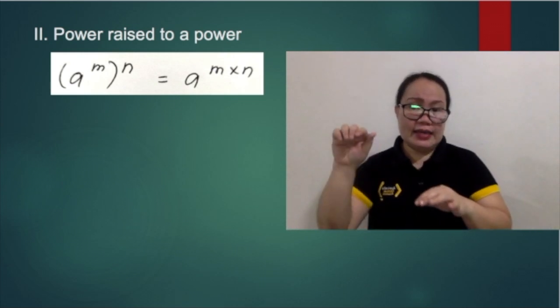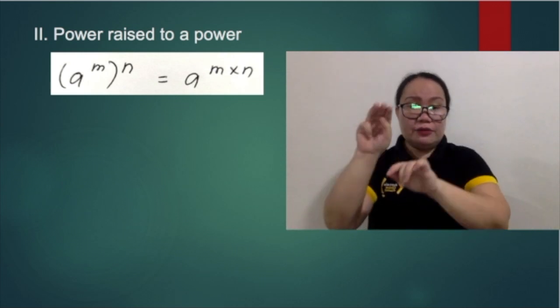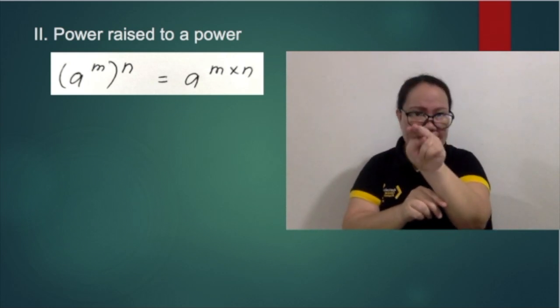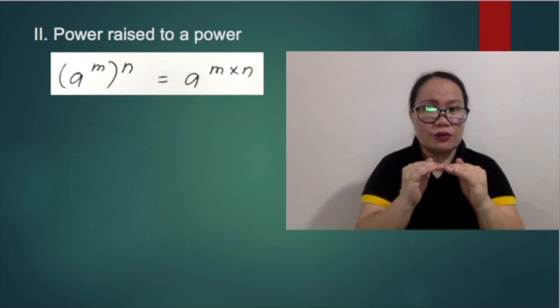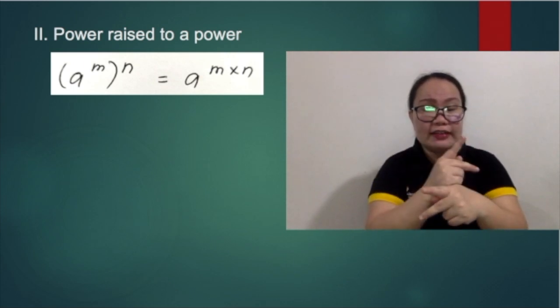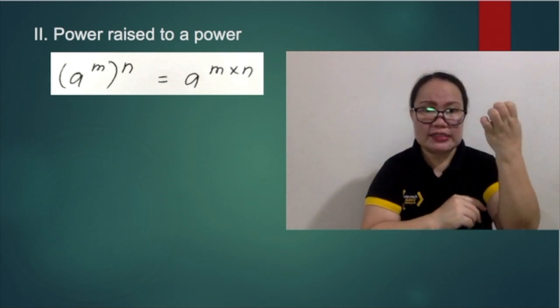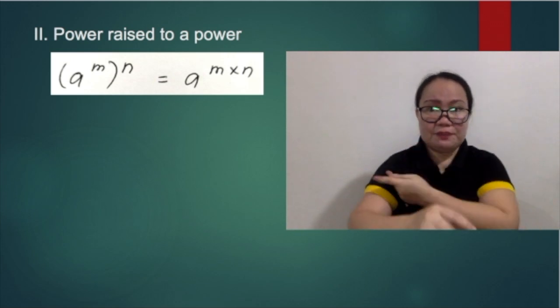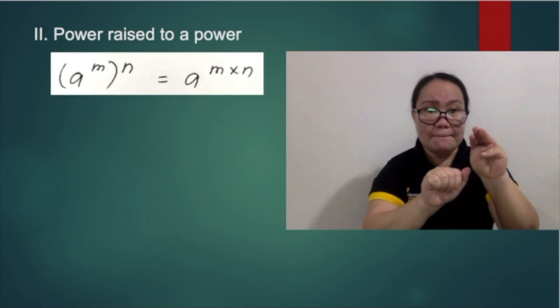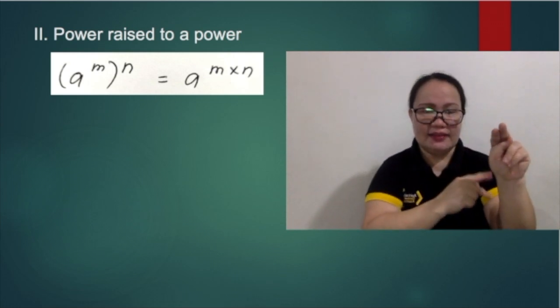So in this case, a to the m is raised to the power of n. So to solve this you just have to multiply the exponents or the powers. So the answer is a raised to m times n.